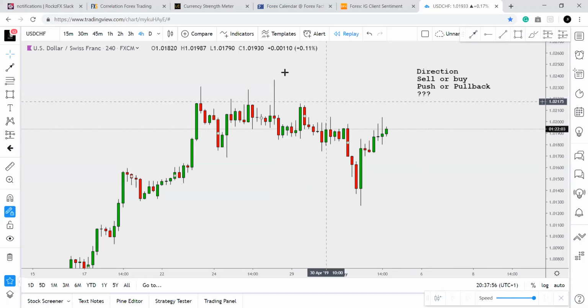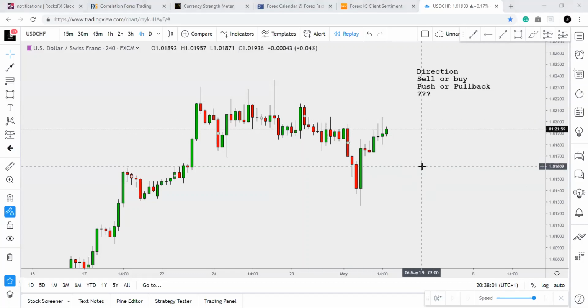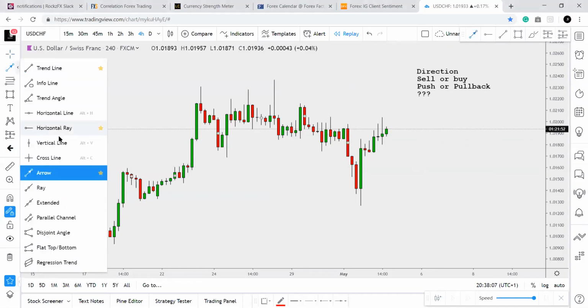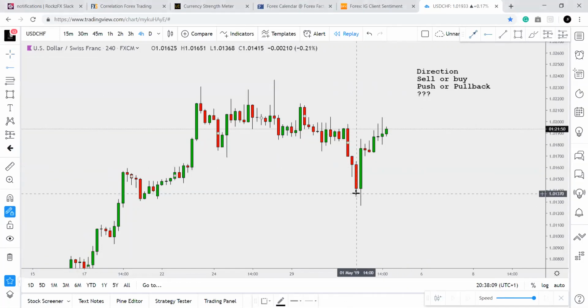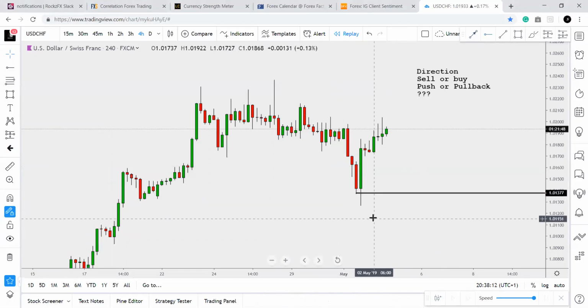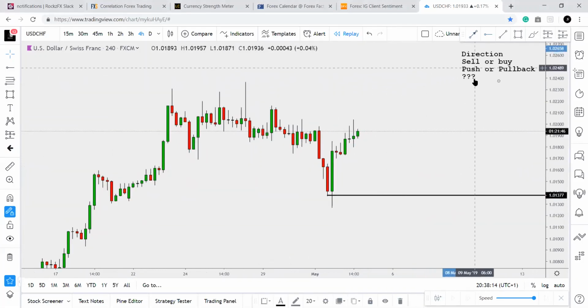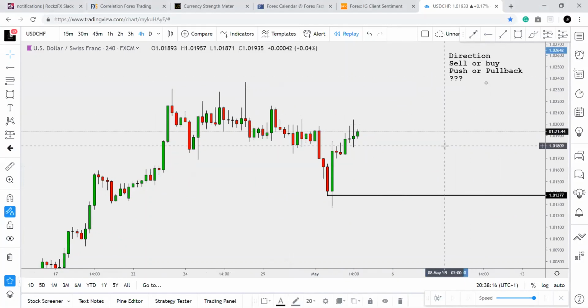So let's assume this candle is pushing down and it's not making a lower high, it's respecting the previous support. So somehow this becomes a double bottom. Yeah, the engulfing, exactly. So let's assume this candle comes down and respects this level and becomes a double bottom.